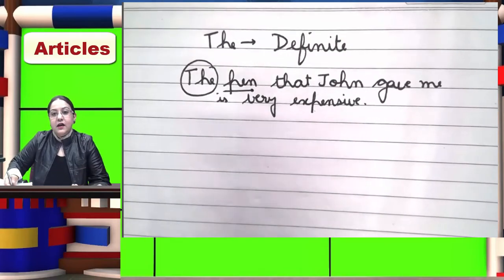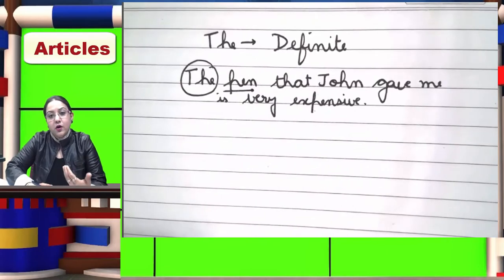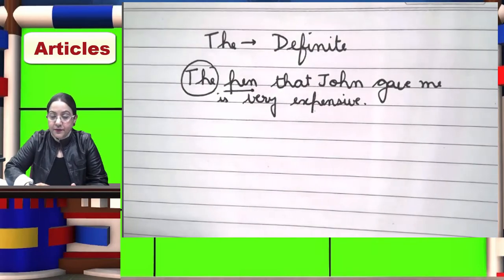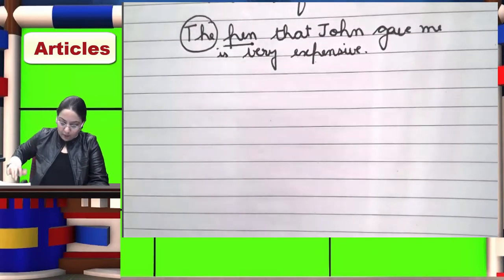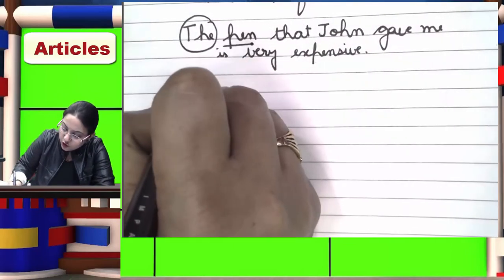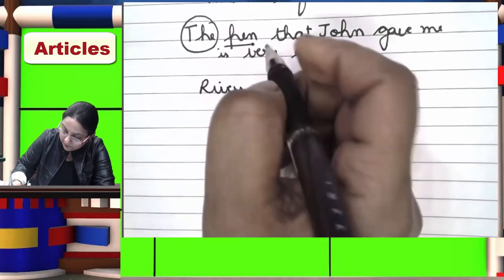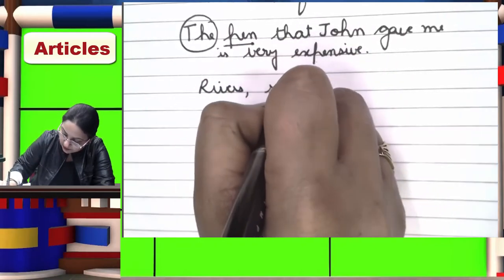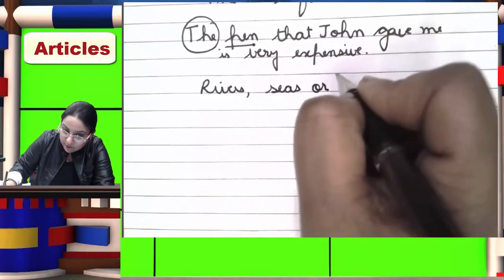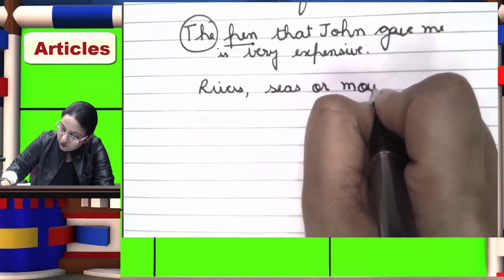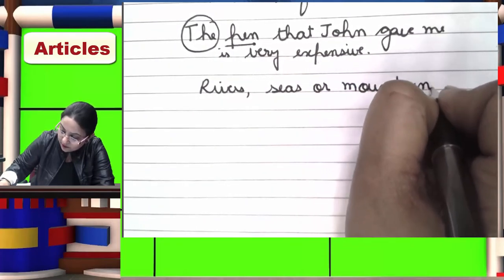So we are going to take a number of cases as to where all we use the word the. Whenever we are talking about the names of rivers, seas, or mountains, we use the.